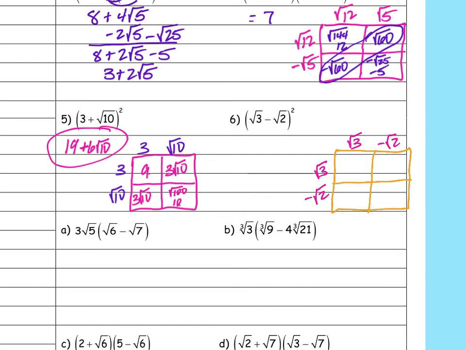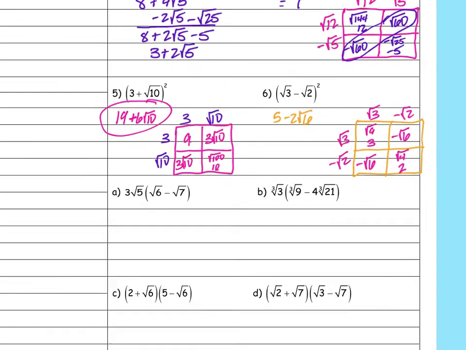And that's going to give me the square root of 9, or 3, minus the square root of 6, minus the square root of 6, square root of 4, or 2. So that's going to give me 5 minus 2 square root of 6. Okay, any questions? Not too bad on multiplication either?